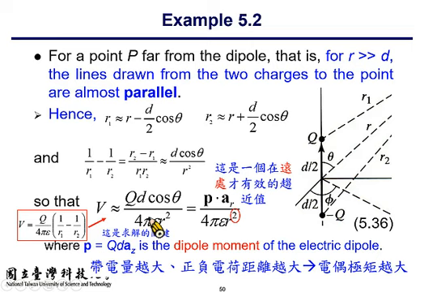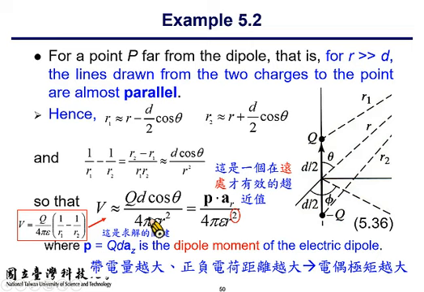Why? Because the electrical potential produced by a single charge is inversely proportional to distance r, so it decays more slowly as your observation point moves away. On the other hand, if you have an electrical dipole, one is giving you an electrical field outward, and the other one is pulling you in.